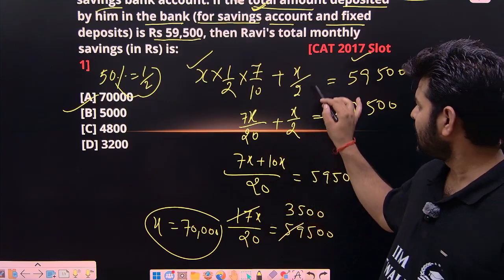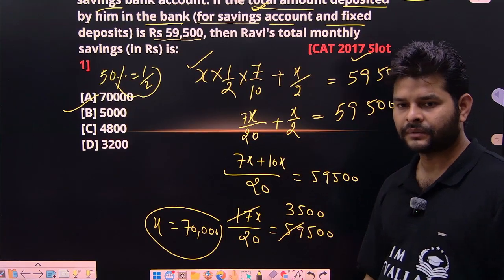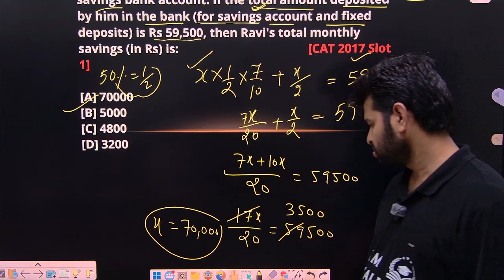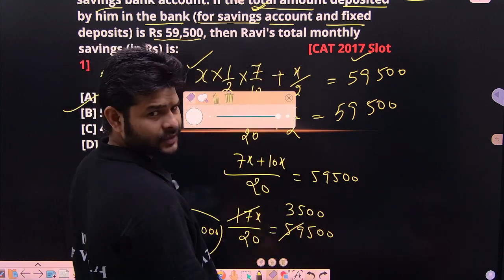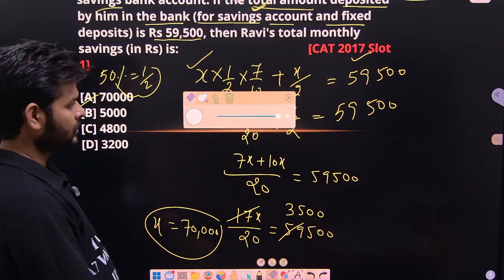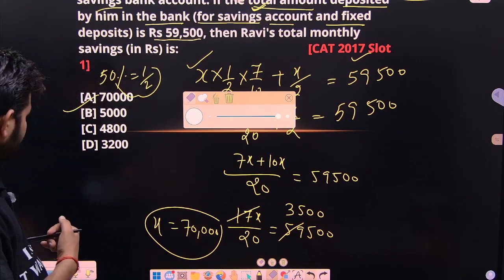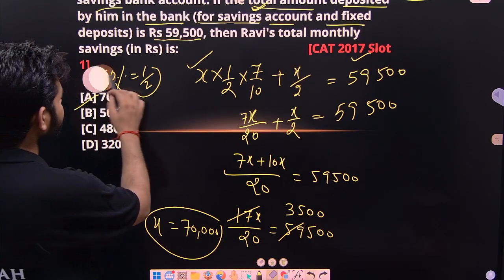So this is the half of the total saving. Let me explain again, guys. It's not your fault. I think you got the answer. So basically the real answer is 70,000. Let me explain more.